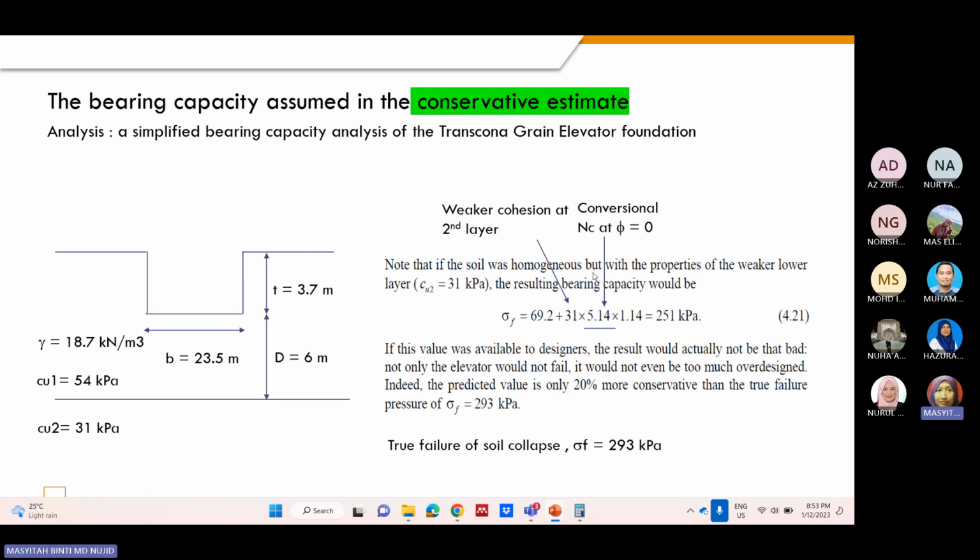If the soil was homogeneous but with the properties of the weaker lower layer counted into the analysis, therefore we can have that the surface failure load is equal to 251 kPa.